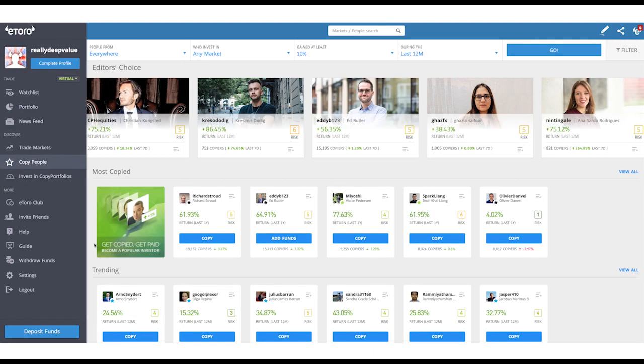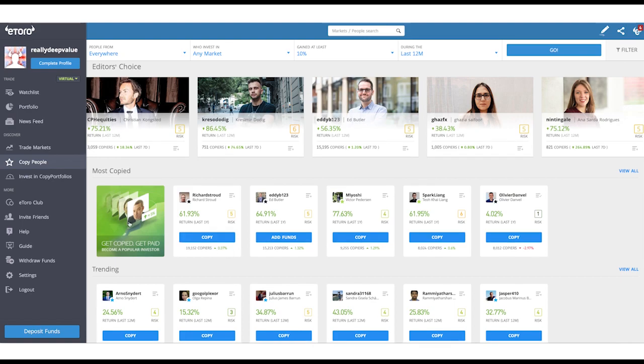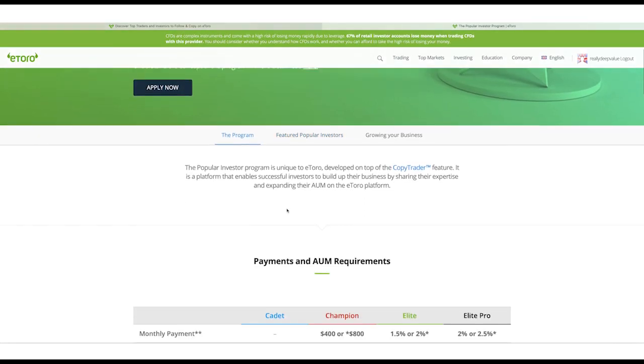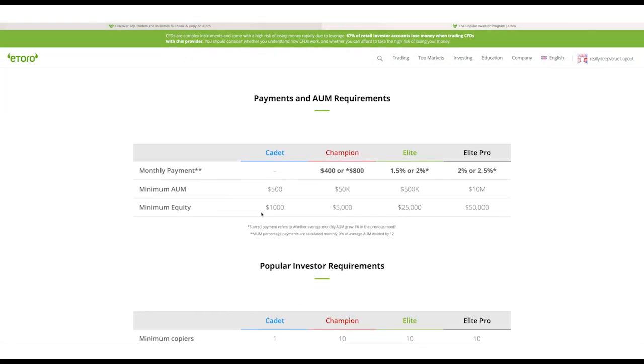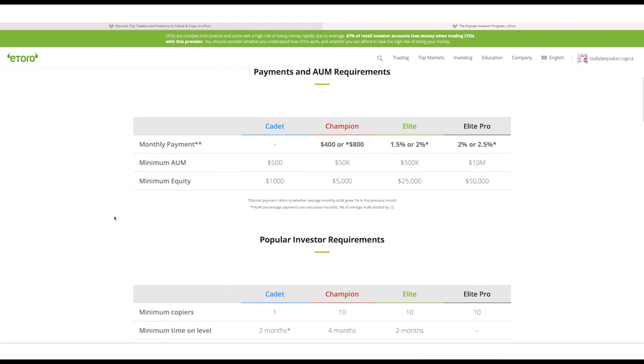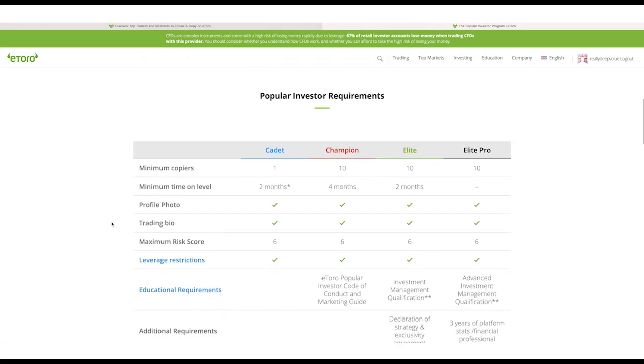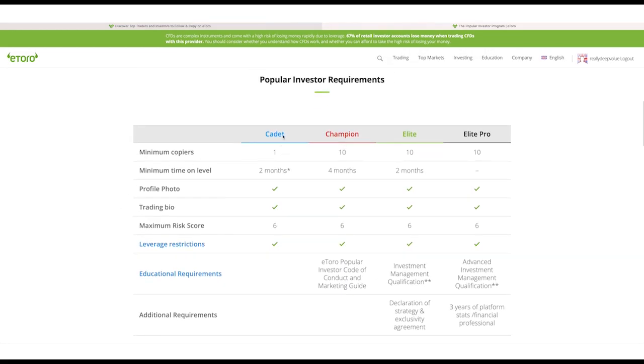And if you're very good at trading, you could also become a popular investor, a PI as they're known. Here's some of the requirements for being a PI. So minimum copiers to become on the first entry level, cadet level.